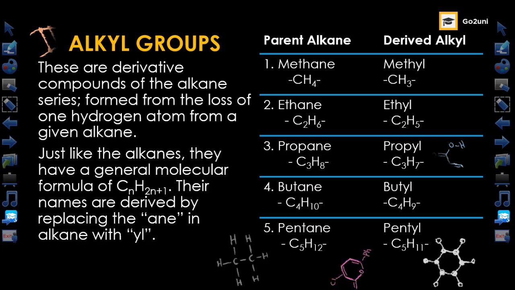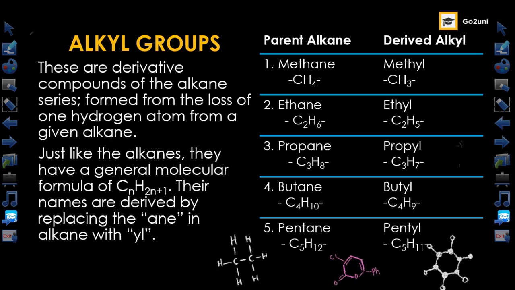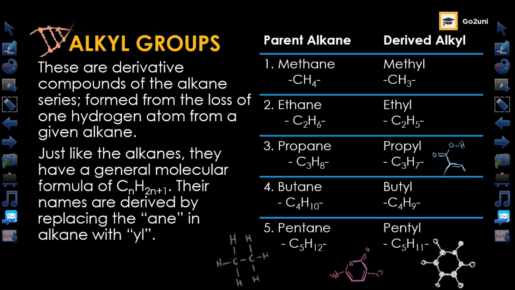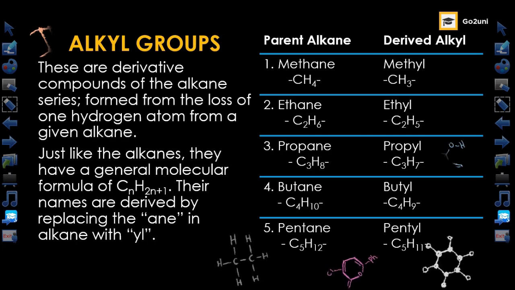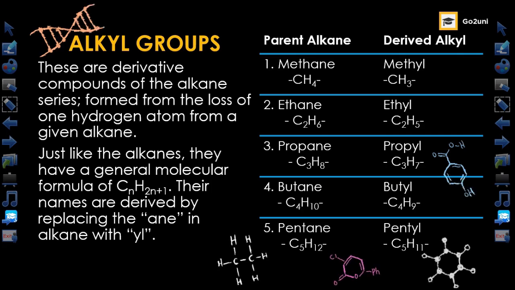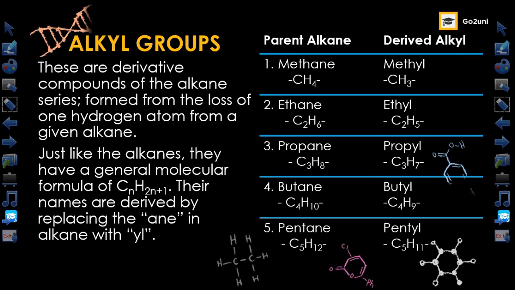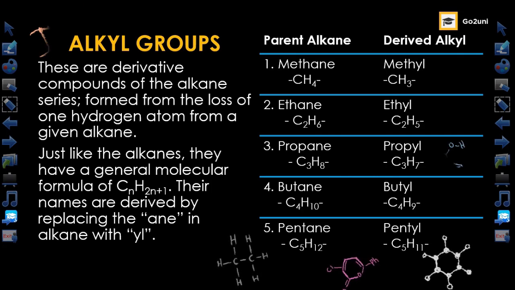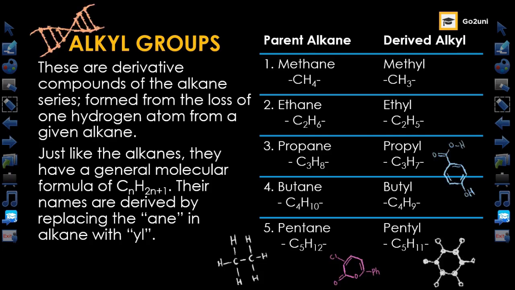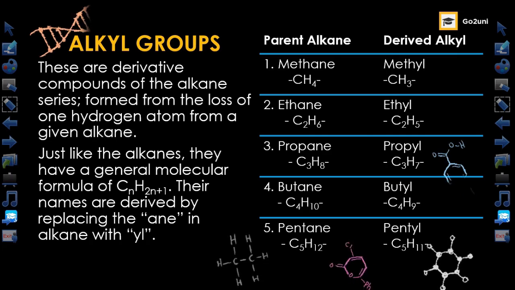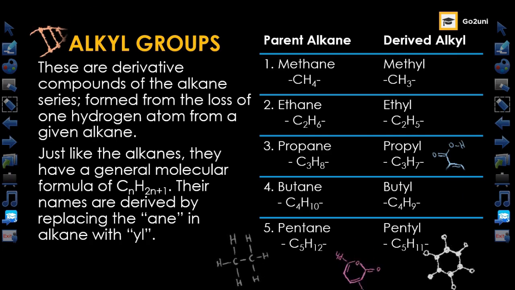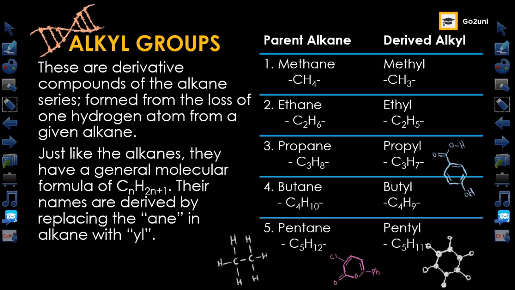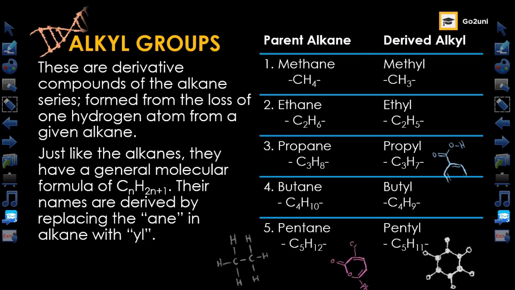As we can see on the screen, methane, the first member of the alkane family, when it loses one hydrogen atom, it forms a derived compound called methyl. So the ane in methane will be replaced by yl, and that gives us the name of the new species formed, which is CH3. And CH3 goes by the name methyl.